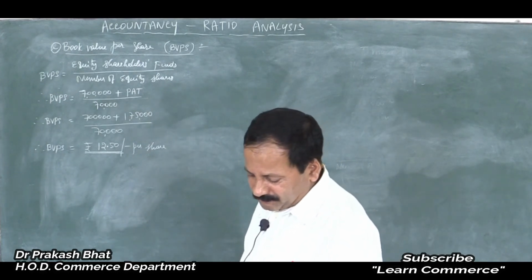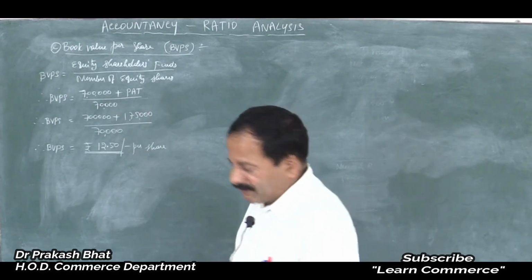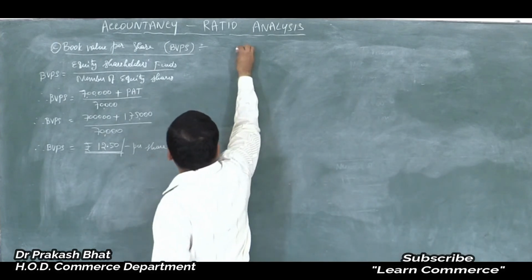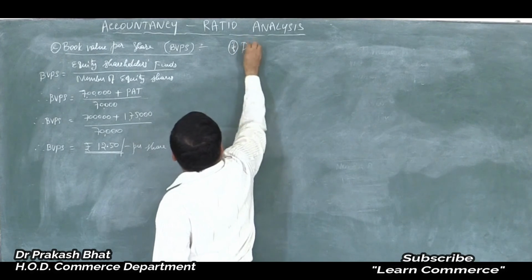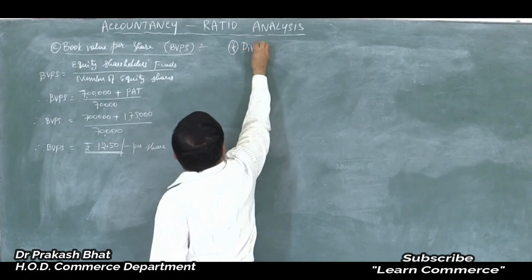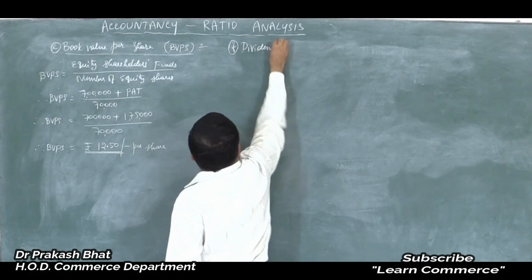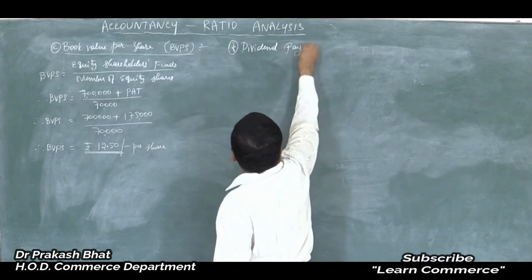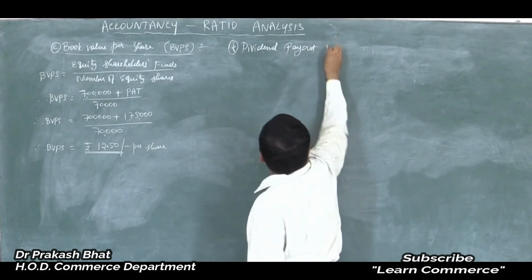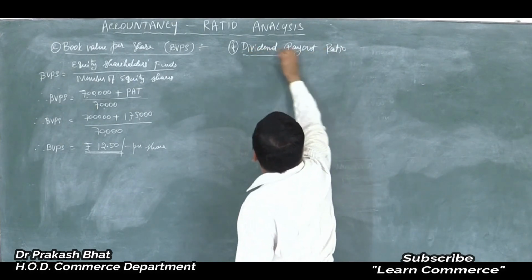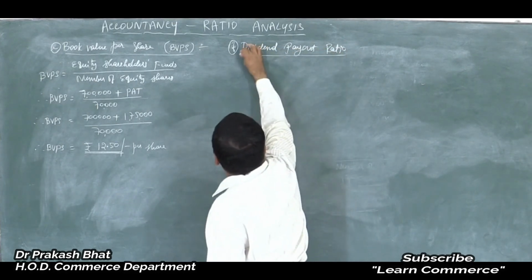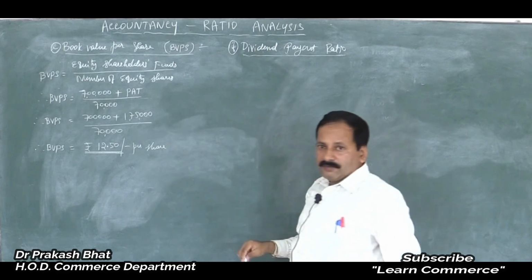Last one is dividend payout ratio. Write the formula.